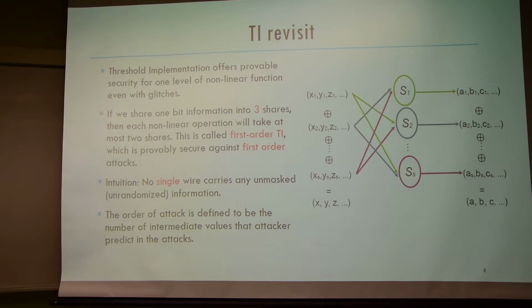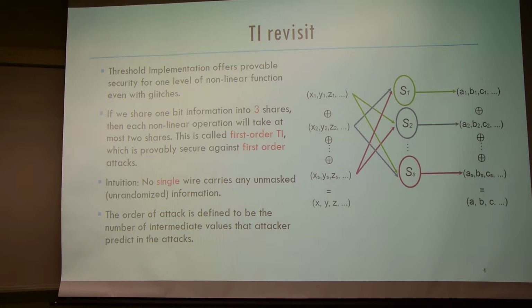Okay, what's the question? Why, if I took 2 wires, then I can recover the secret? Yes. My question is, if the adversary focuses on 2 wires, then he can recover the secret. Why?